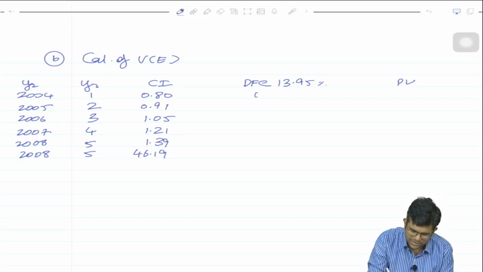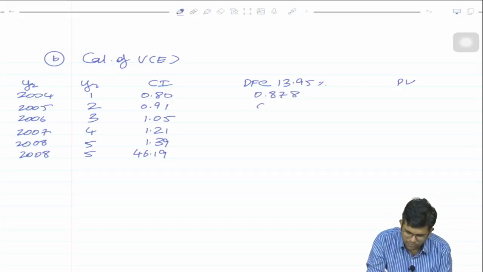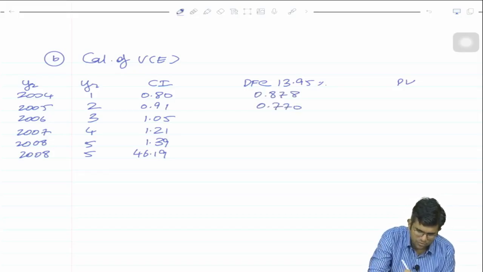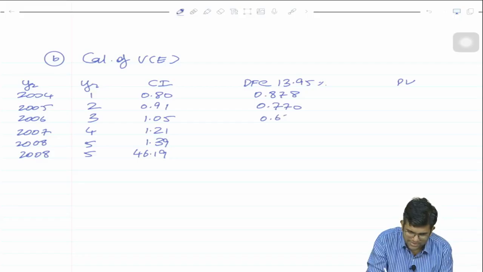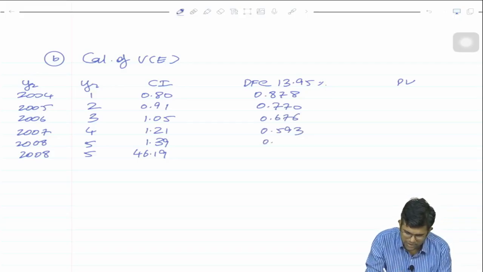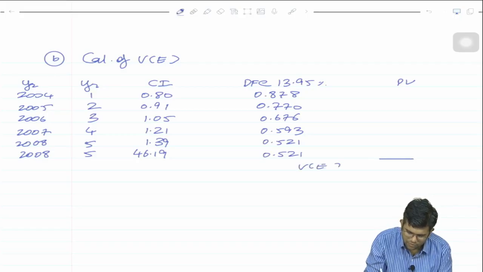So this is 0.878, 0.770, 0.676, 0.593, 0.521, and that will give you the value of equity.